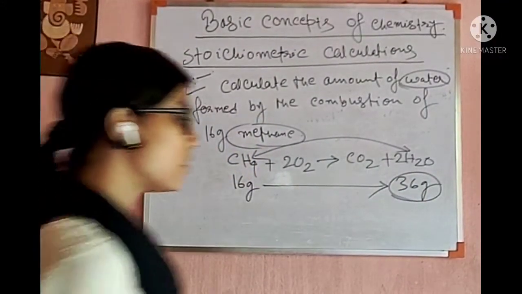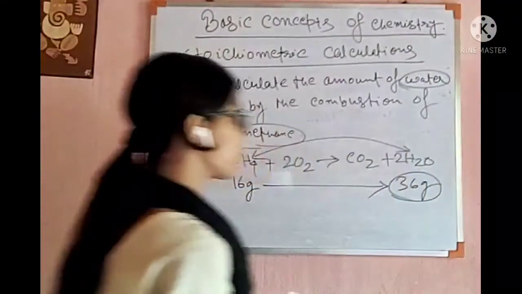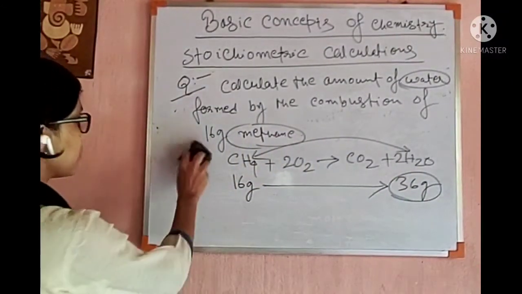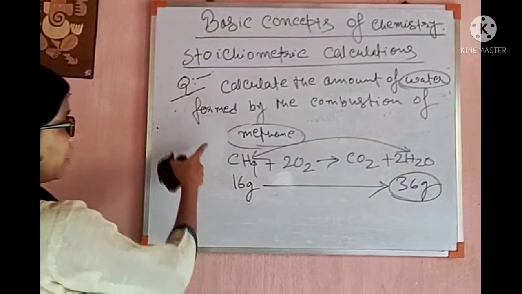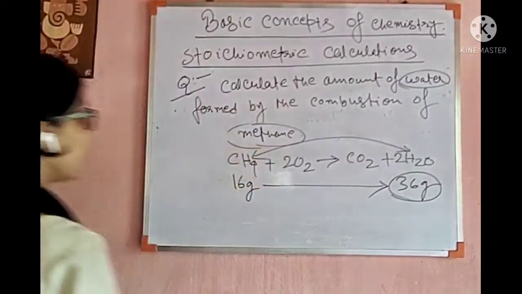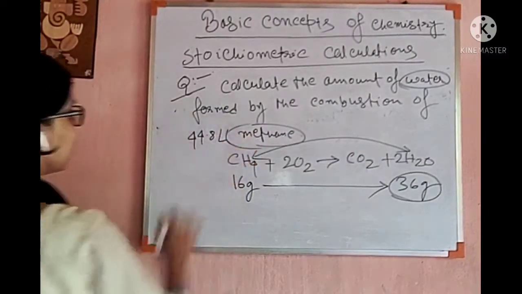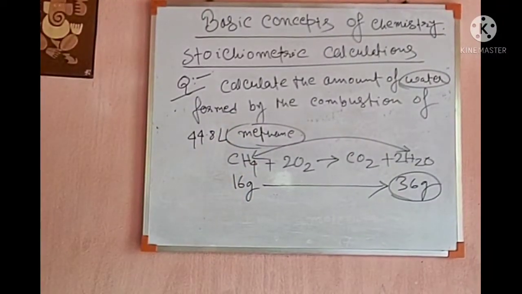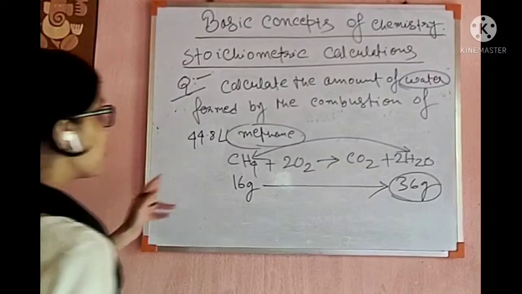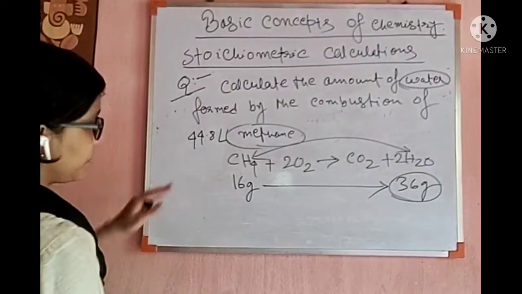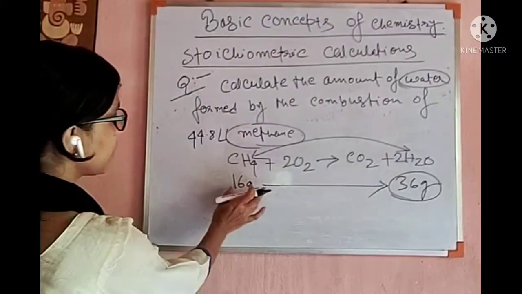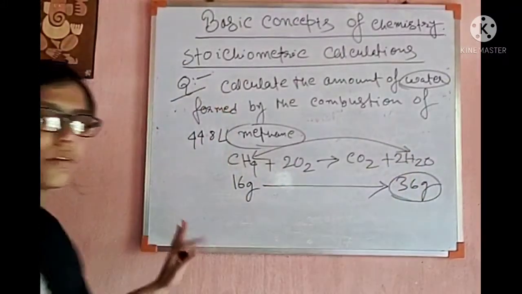Suppose the question changes so that in place of 16 gram, it is given that 44.8 liter of methane. Calculate the amount of water formed by the combustion of 44.8 liter of methane. Previously it was 16 gram, so we got 36 gram from the balanced chemical equation.